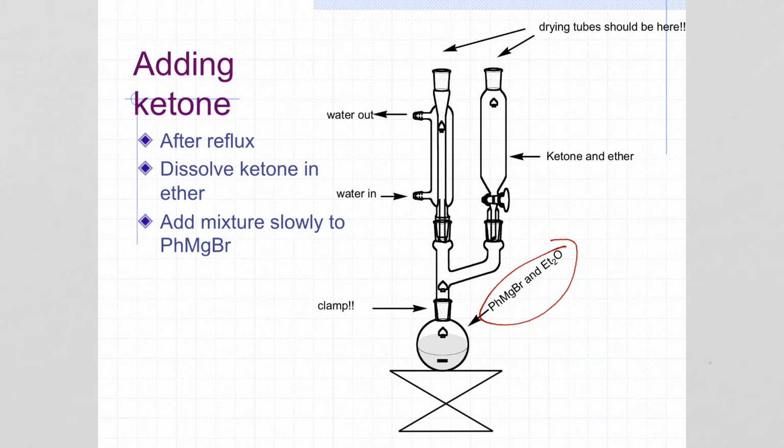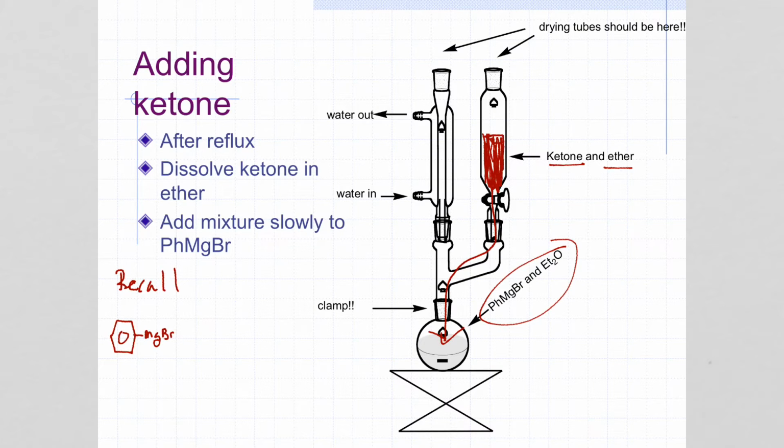You may still have a few chunks of magnesium floating around. Remember, we added an excess of it, so it's not all going to react, and that's perfectly okay. Now we're going to take your ketone in ether and add that solution dropwise to the phenylmagnesium bromide.